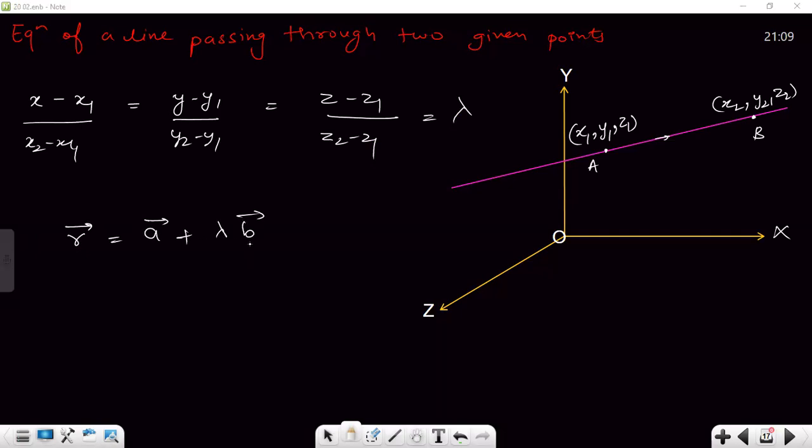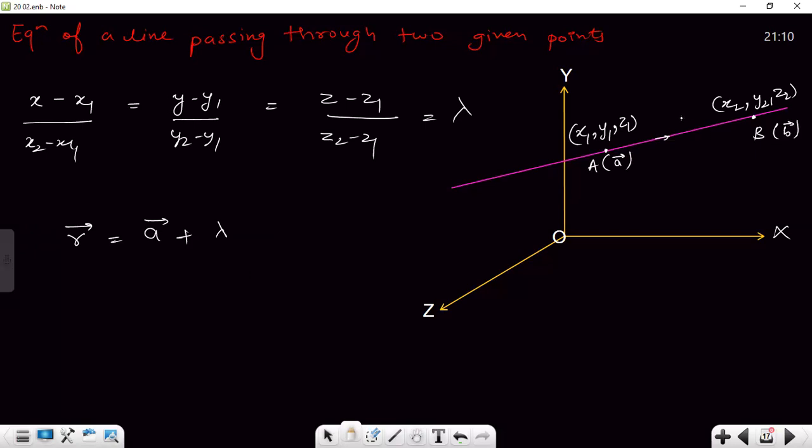Earlier, this vector was giving us the direction, and this vector was talking about the point which is exactly on the straight line. Now we do not have any vector which is giving us the direction straightaway. First, let me say that the OA vector is this a vector, and the OB vector is the b vector.